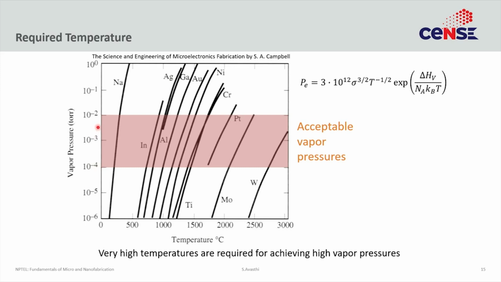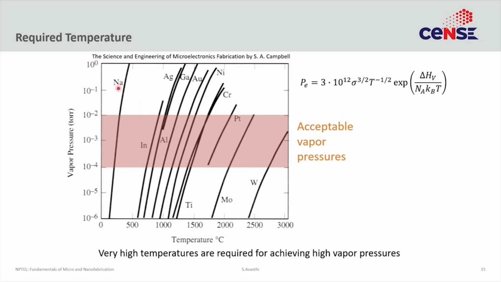But it can be about as high as -2. We do not want any further, because above -2, once again we run into the issue of too little mean free path and not enough material efficiency. So, this is the acceptable range of vapor pressures that we want to have inside our evaporation system.